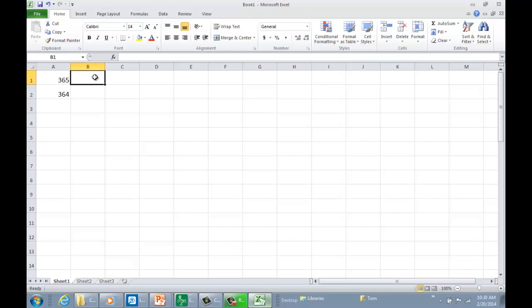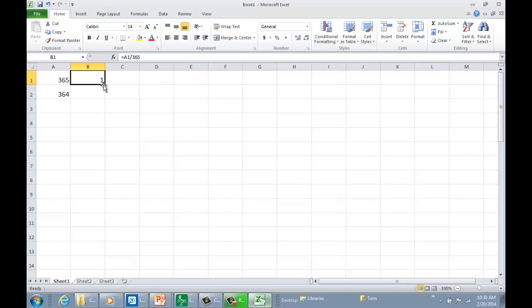Each of the fractions has a denominator of 365, so I can build the fractions this way: equals, click on the box to the left, divide by 365, and you see our formula being built up here.